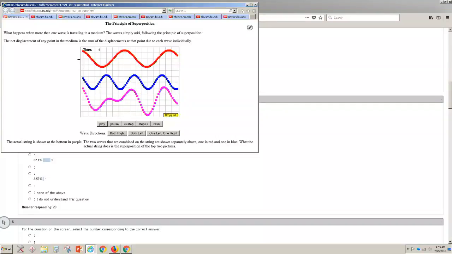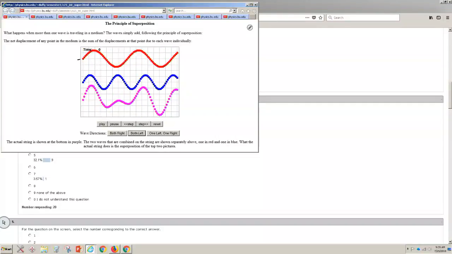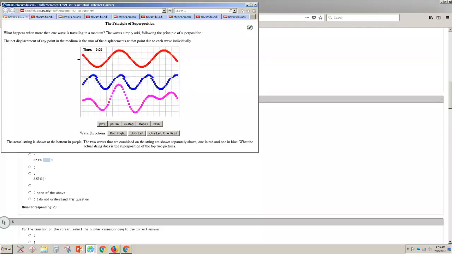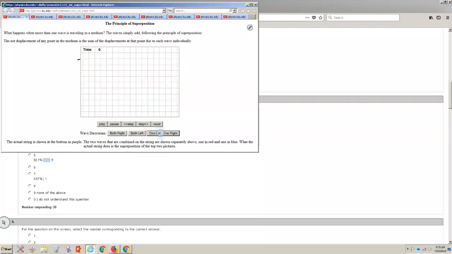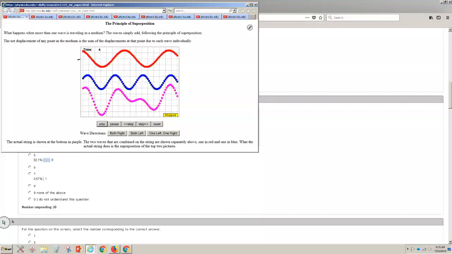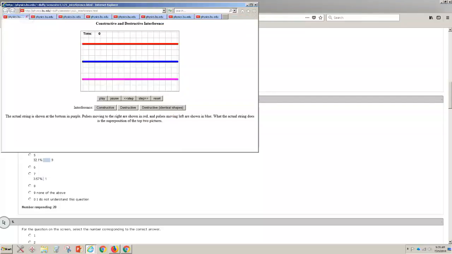And we can make them move differently. We can make them move in opposite directions. The principle doesn't depend on that. We still have to add individual displacements, and whatever happens, happens. Here we have a representation of two special cases.